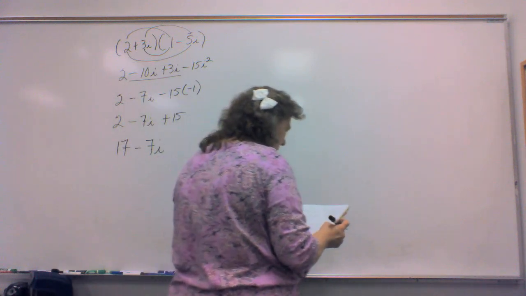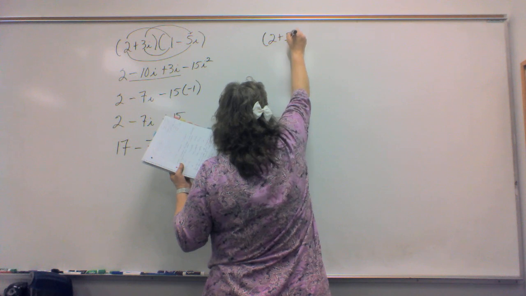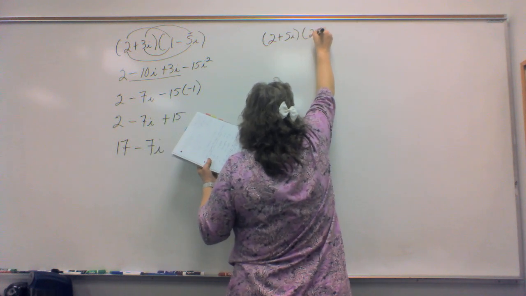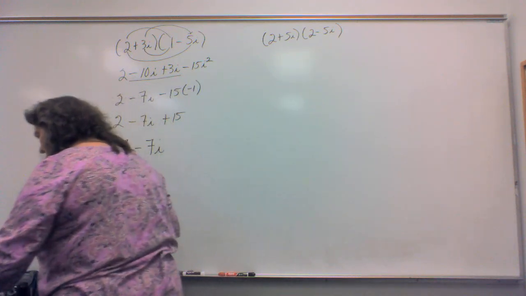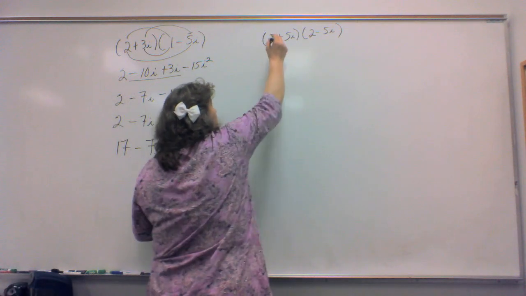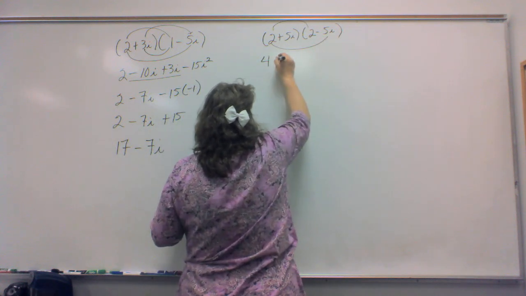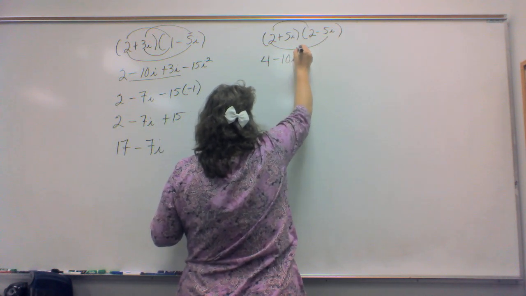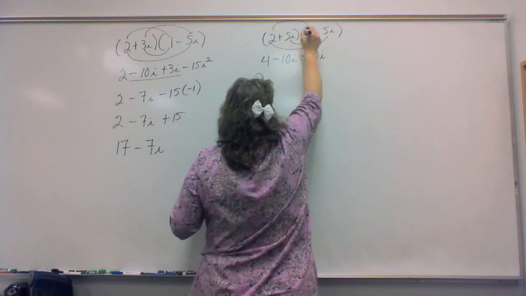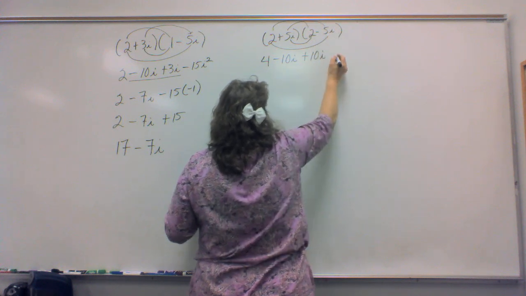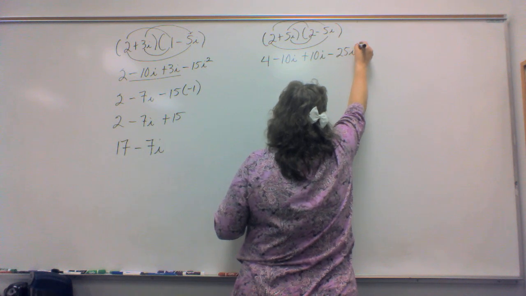Now, let's look at this one. 2 plus 5i times 2 minus 5i. And look what happens on this. This is real important. 2 times 2 is 4. 2 times negative 5i is minus 10i. 5i times 2 is plus 10i. And 5i times negative 5i is negative 25i squared.